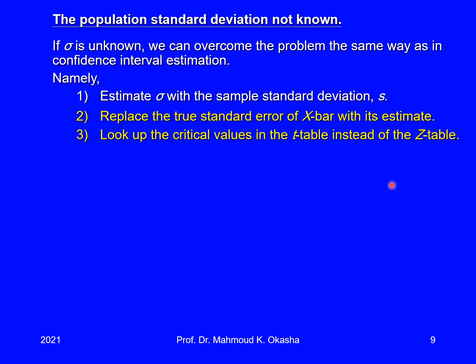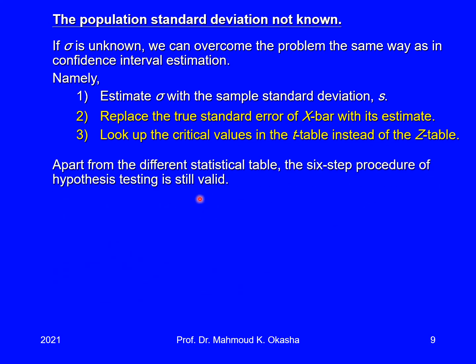And all other steps will be the same. So only this difference. If the population standard deviation is not known and the sample is small, then we cannot use Z, because we use S instead of sigma.